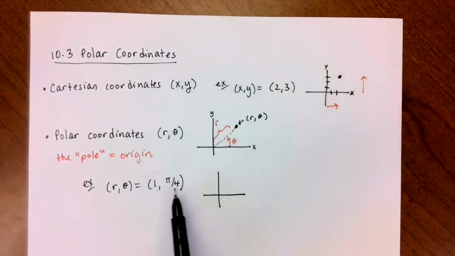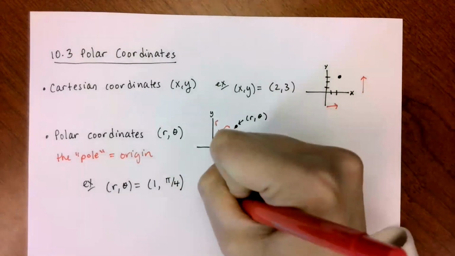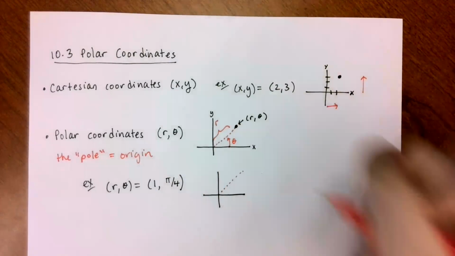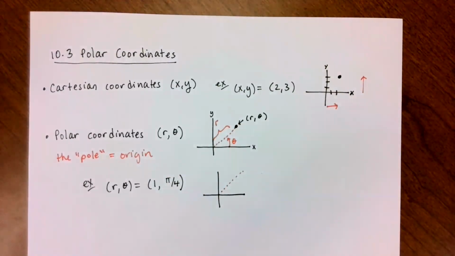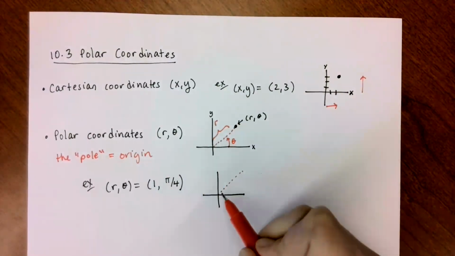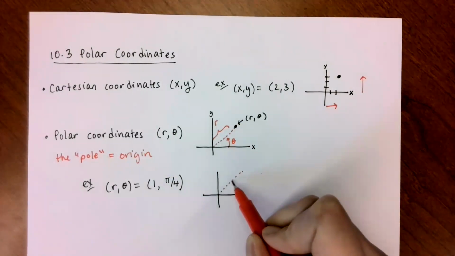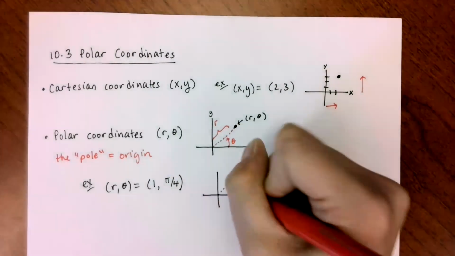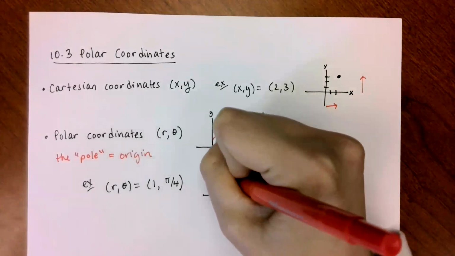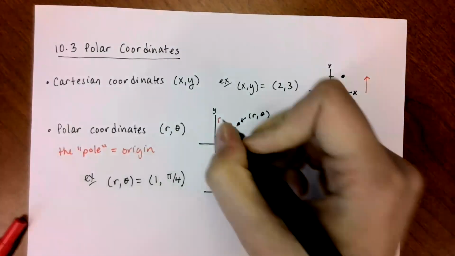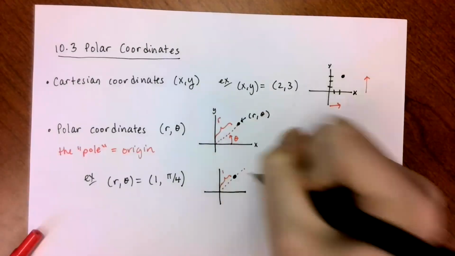I'm going to consider the theta value first. This is the angle pi over 4. So I'm going to be somewhere exactly halfway through this first quadrant. Now, exactly the distance along this radius I'm going to travel is 1. So mark a point where that distance is 1, and my point will be right here.